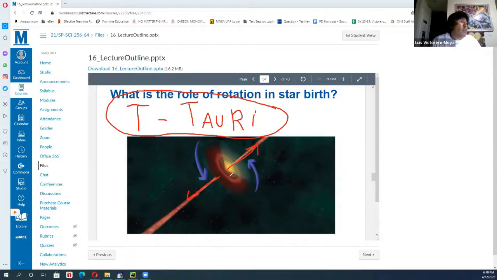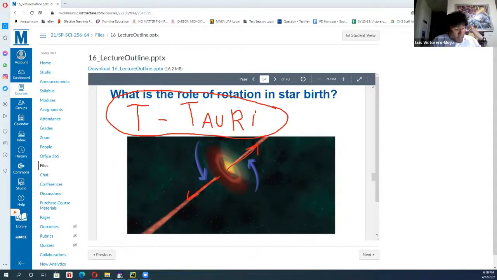So the role of rotation is for this to happen and also for planets to be formed. Planets are not formed out of nowhere. Planets are formed from the disk that surrounded the protostar and that was ejected away in the last stages.